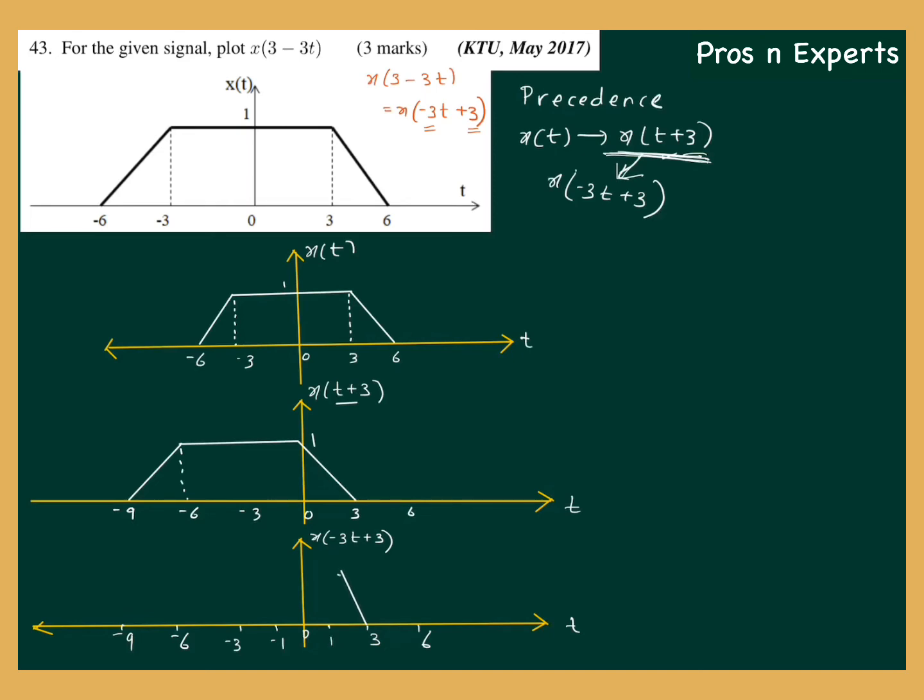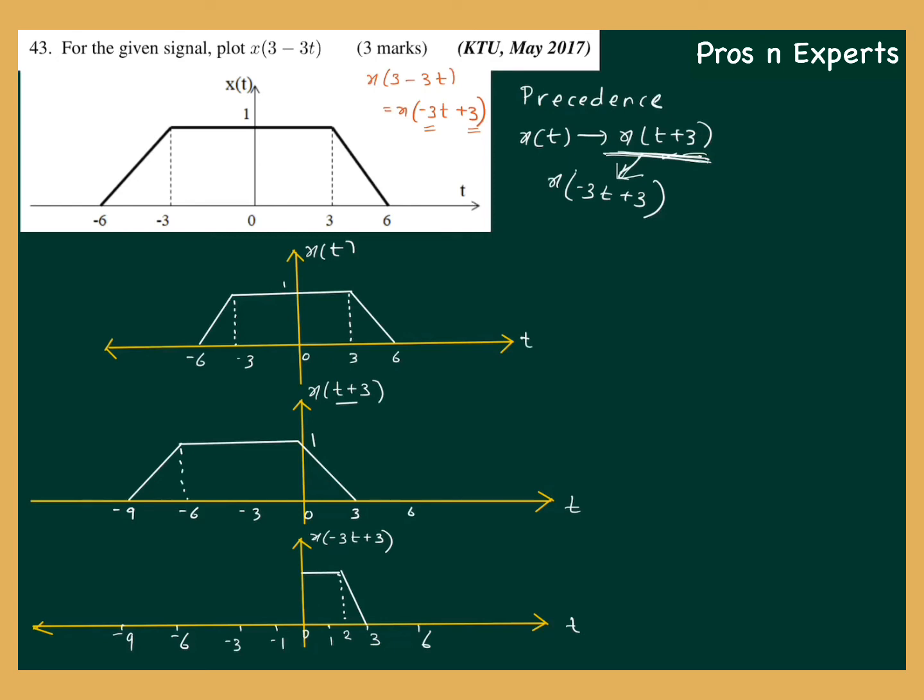Here it is 2. Now what happens to this portion? What happens to 0? 0 remains at 0 itself. So I can connect like this.